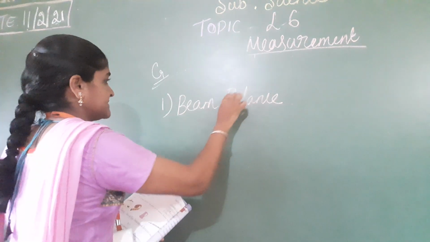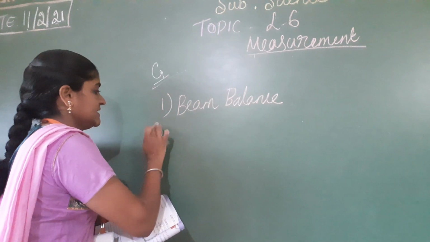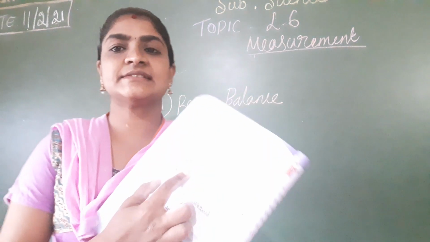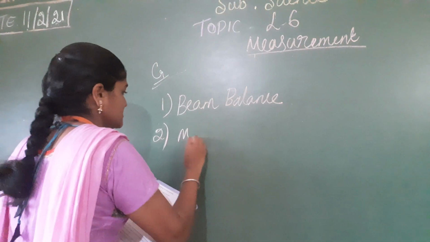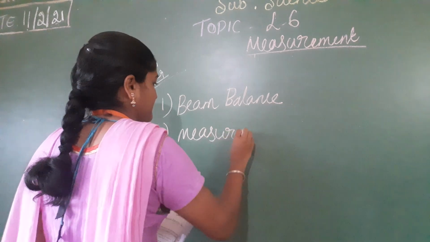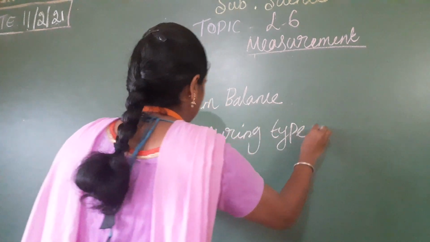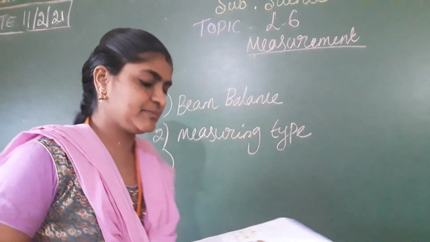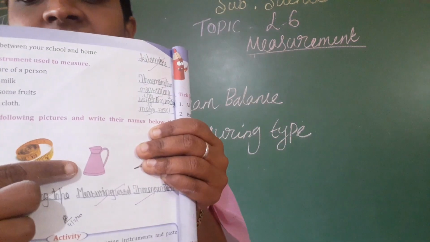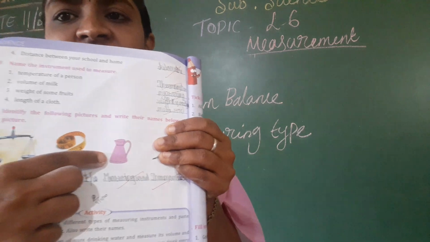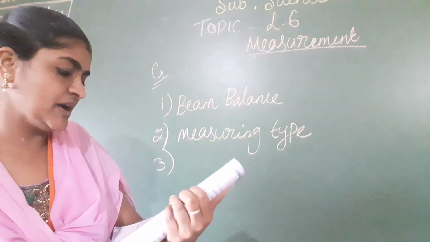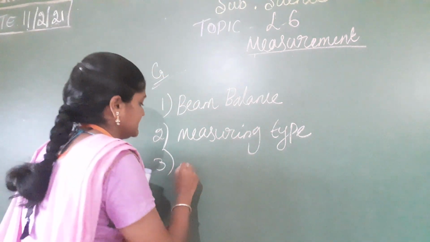Okay, next. Second one, this is a measuring tape. So here we have to mention measuring tape. Next, the third image, this container we use to measure liters. So this is a measuring vessel.